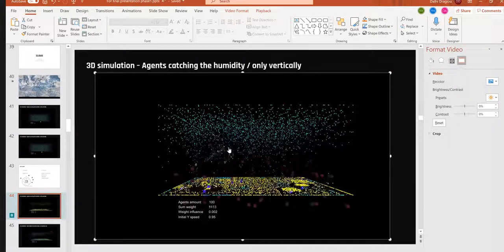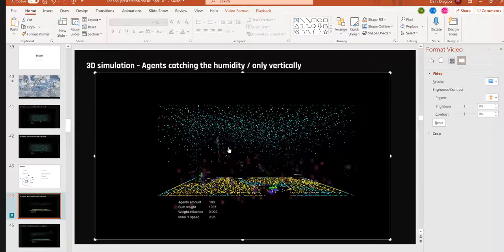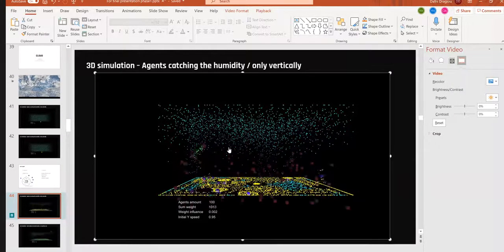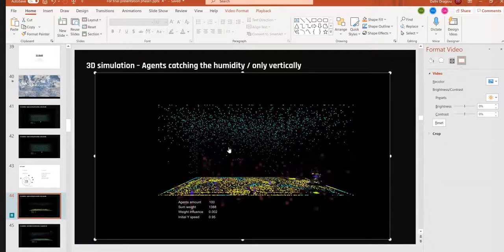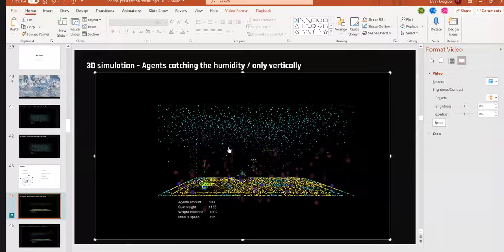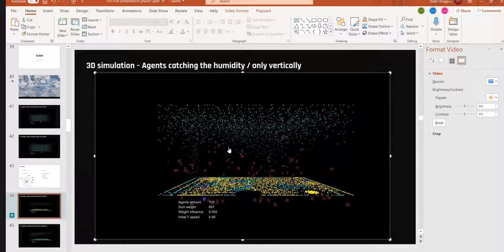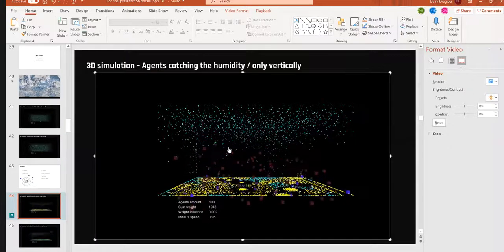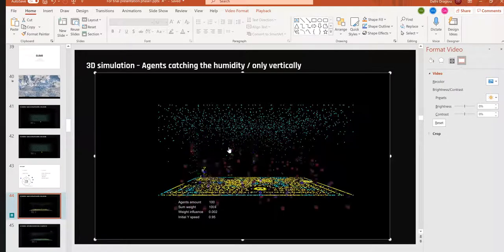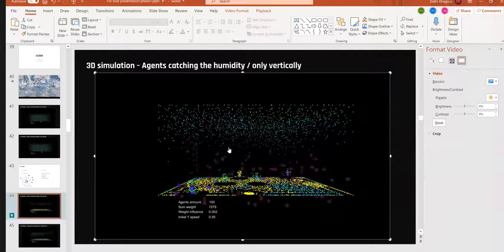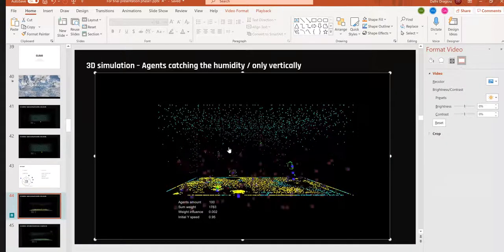There should be a relationship between how much humidity it can absorb and when the weight starts forcing it to go down. We could catalog these relationships, because now they go down very, very fast. Yeah, they don't stay up there. So it's for adjusting the speed and the weight that they can hold.